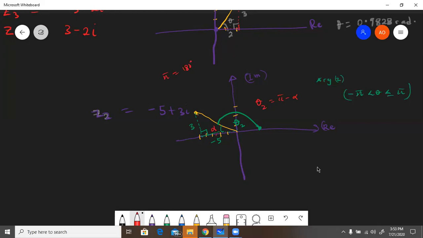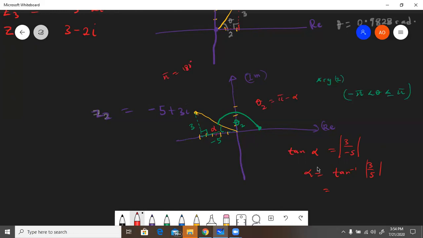Now let's examine the value of alpha. Alpha is an acute angle with opposite 3 and adjacent 5. So we can say tan alpha equals 3 over minus 5, take the absolute value, so alpha equals tan inverse 3 over 5.